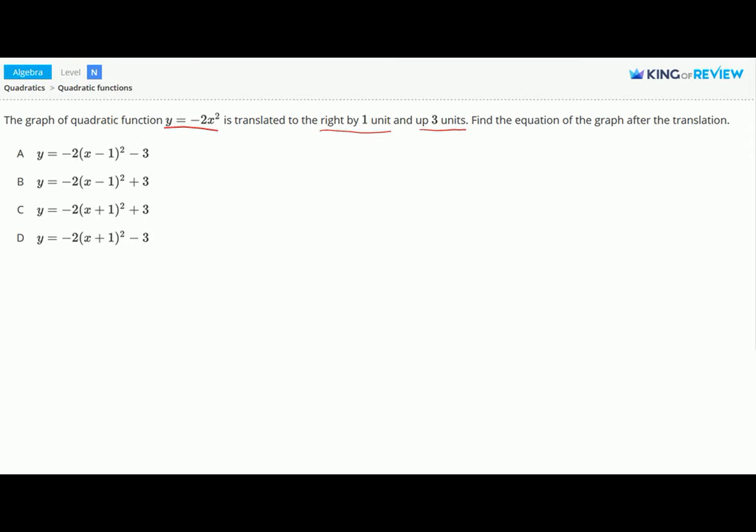For this problem, I'll plot the parabola of the parent function, and then I'll plot the parabola of the translated function. Our parent function is y equals negative 2x squared. This will be a parabola. A parabola looks like this, and it has something called an axis of symmetry.